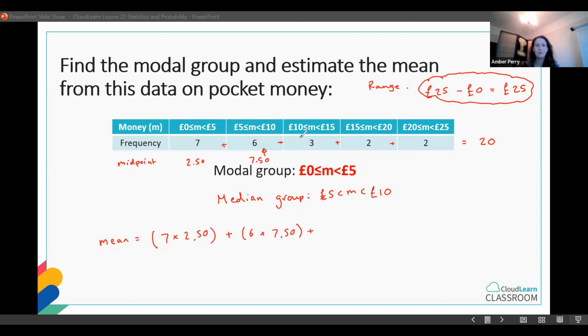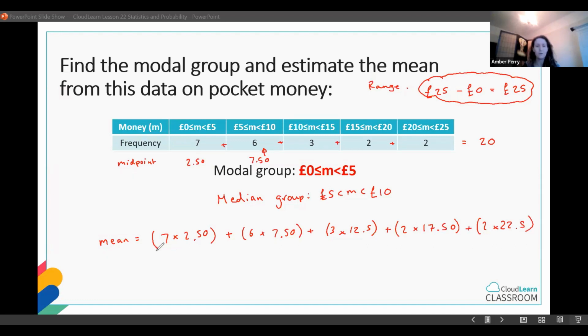Plus, and we would keep going, 3 people received approximately £12.50. 2 people, halfway between 15 and 20, is £17.50, so that's 2 times £17.50. And then the last one is 2 times £22.50.